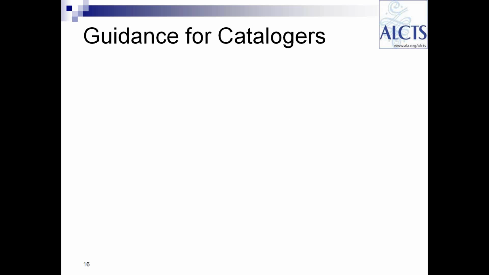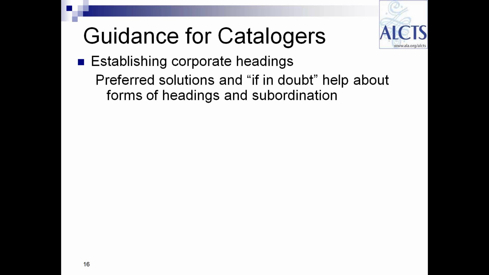So those are a couple of examples of the kinds of things we were considering when we were coming up with the cataloging guidelines. Specifically, we were providing guidance in establishing corporate headings.